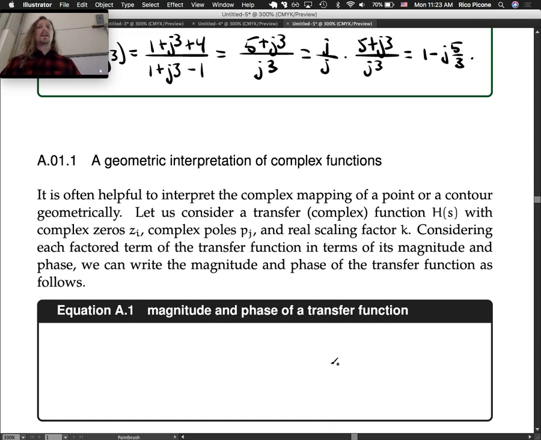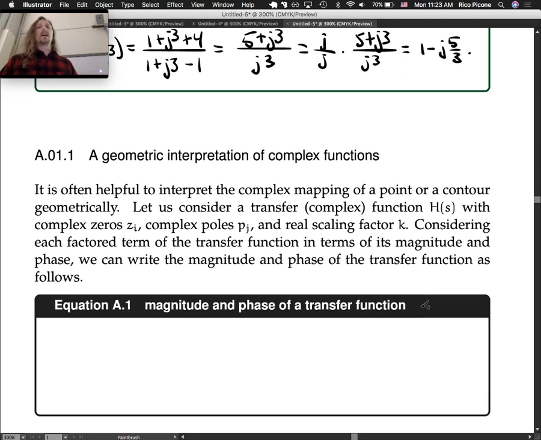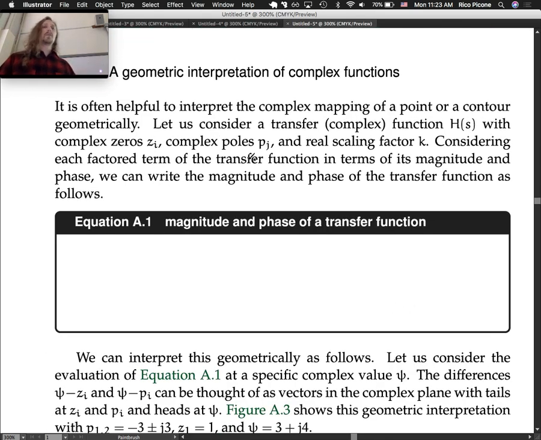Let us consider a transfer function H of s with complex zeros z_i, complex poles p_j, and real scaling factor k. Of course, remember the reals are just a subset of the complex numbers, so when I say complex, they might have zero imaginary part. They could just be reals. So all of the poles and zeros we've ever considered would be complex, because reals are just a subset of the complexes.